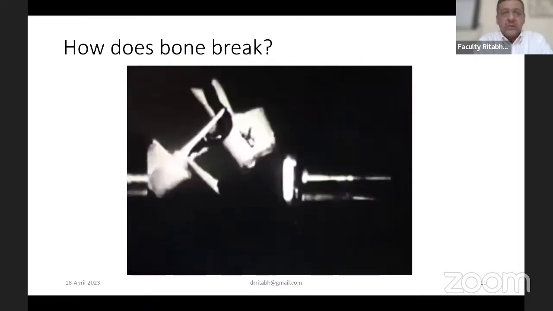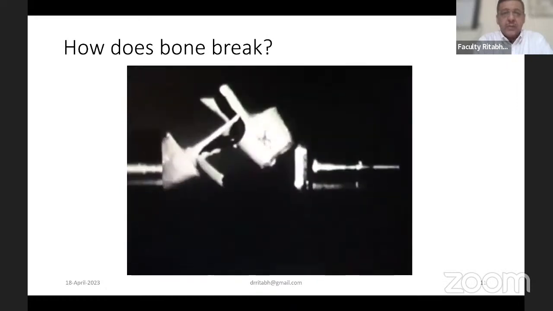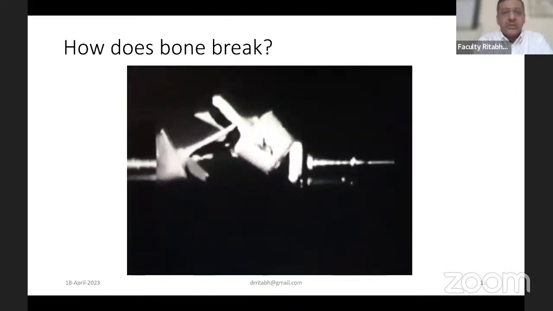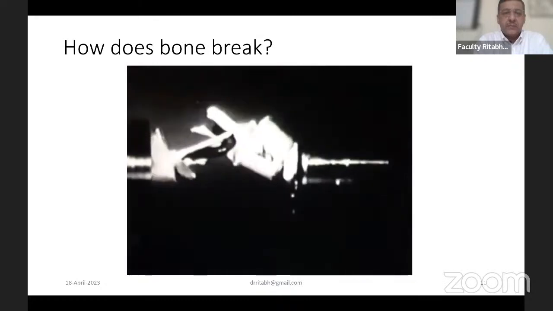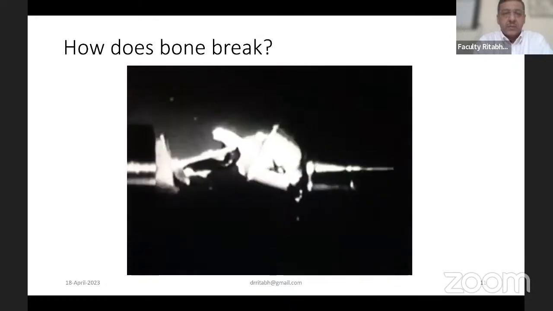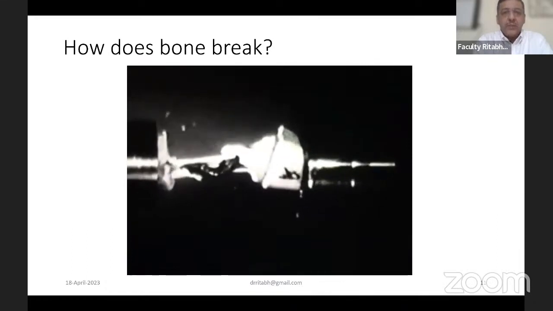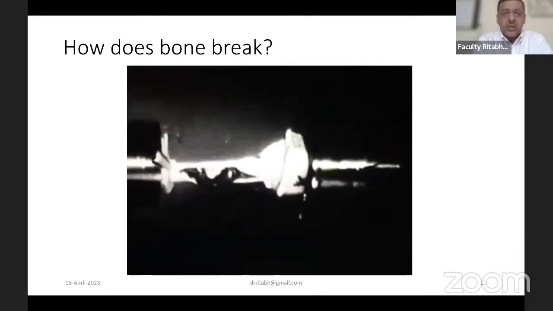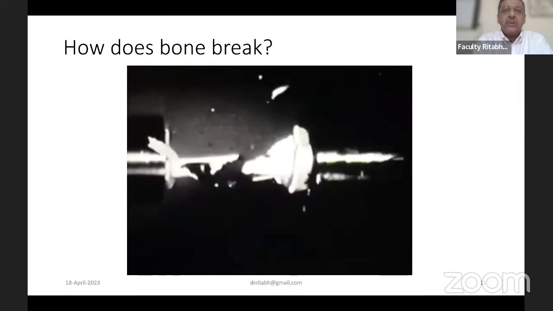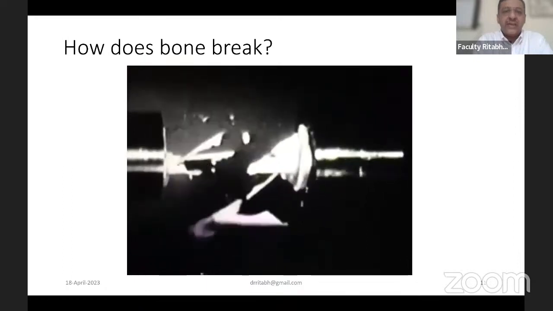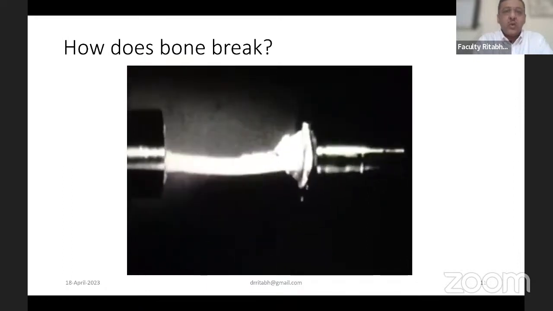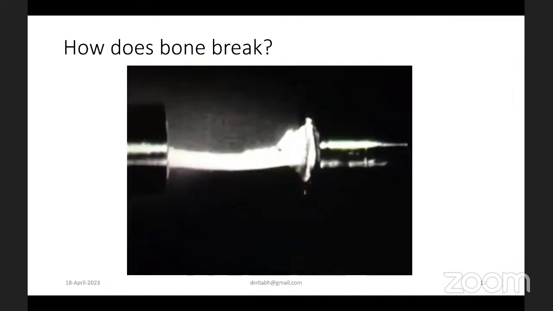And now, once you reverse the video, you will see how we can reduce it. This is naked bone. The soft tissues, in fact, reduce the displacement of the fracture. If the soft tissues weren't there, these fractures would have flown out. So this is the kind of injury, and this is what happens in a microsecond in real life.